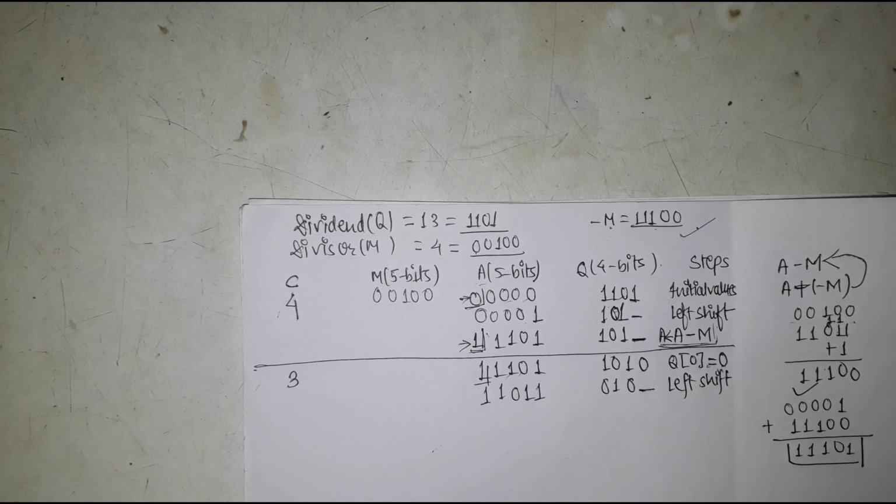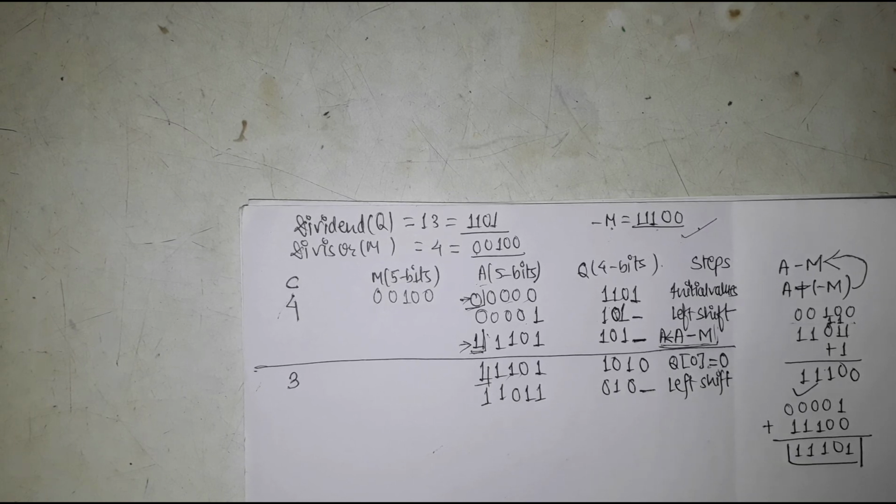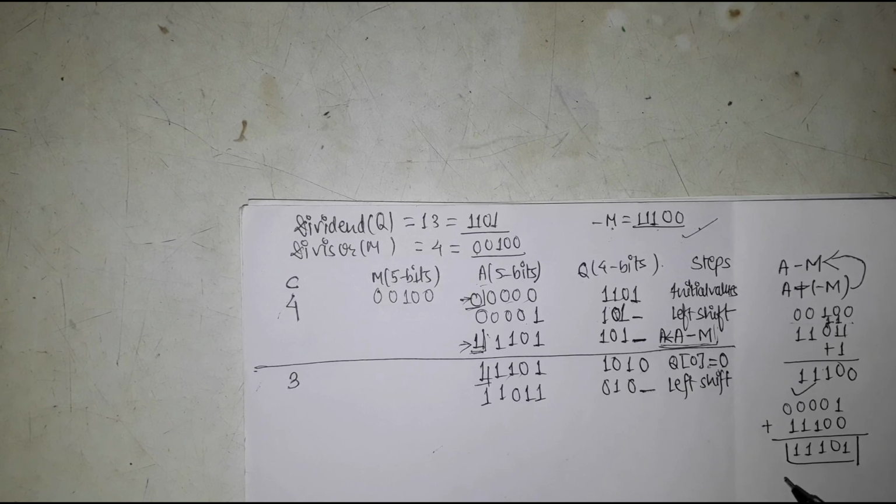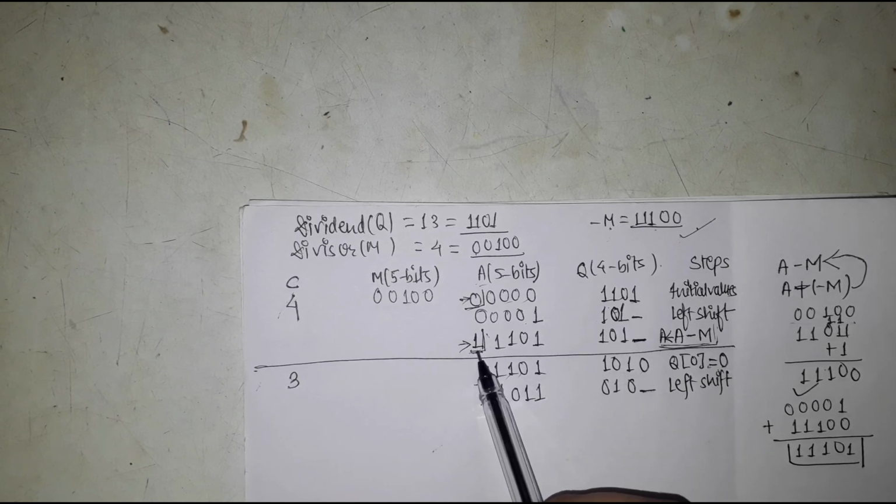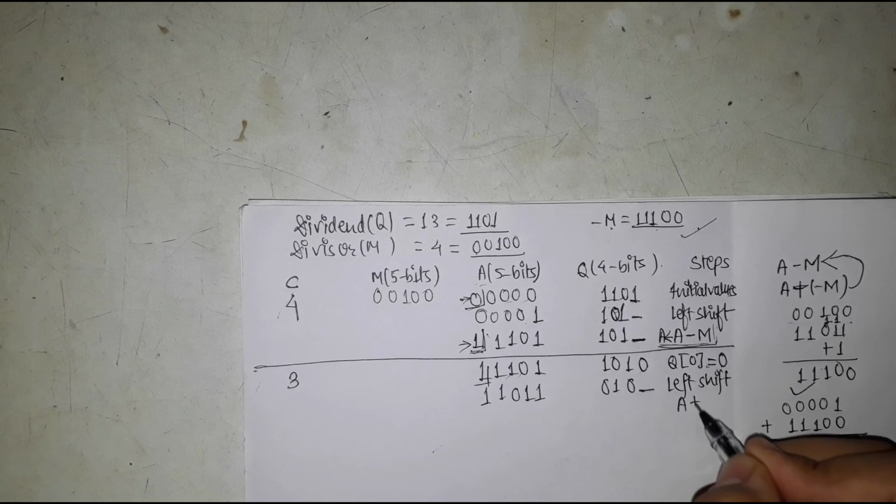And leave a vacant place at the last. After this, you'll have to decide whether to perform A minus M or A plus M. In order to decide that, go to this place and check. You have 1 over here, right? So that means you'll have to perform A plus M.